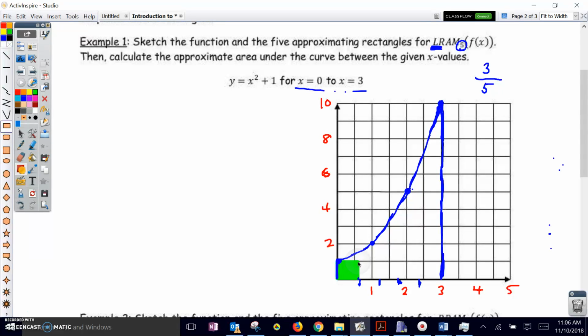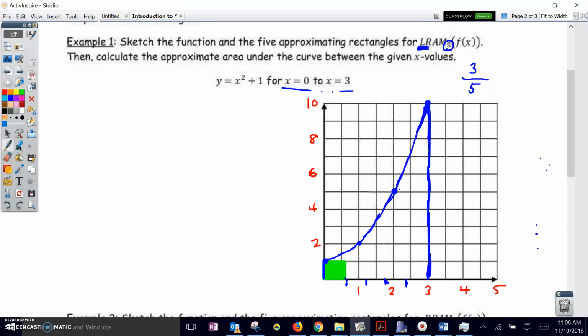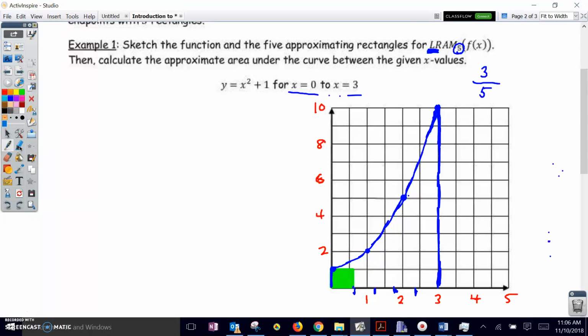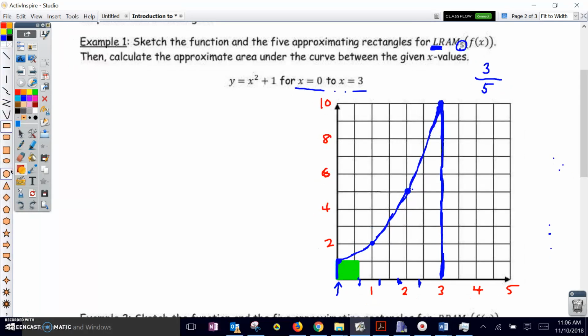And so the height of this rectangle was determined by the value of the function over here at the left endpoint. And I'm going to sketch the rest of the rectangles in the same fashion. We'll put a rectangle in here.